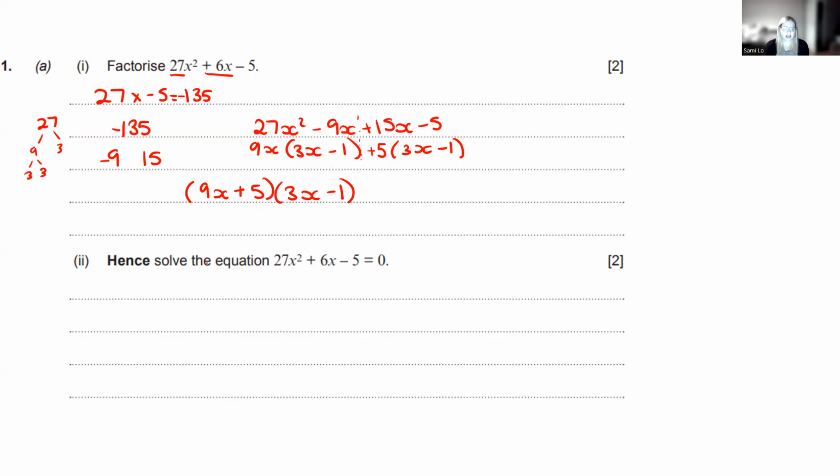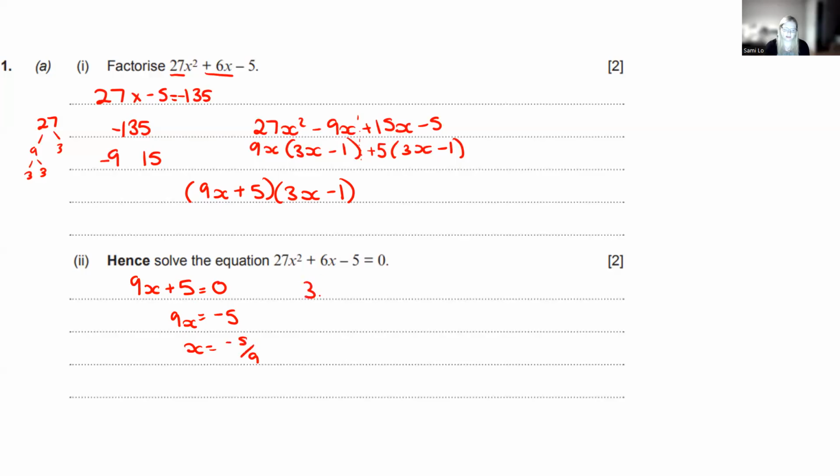Second section is hence solve the equation. So because it's worth 2 marks, I tend to equal each bracket to 0 and show the examiner. I don't just tell them what the answer is going to be, because I want to make sure I'm getting every single mark here. So I show this, and then that's going to give me negative 5 is 9x, which means we know x is minus 5 over 9.